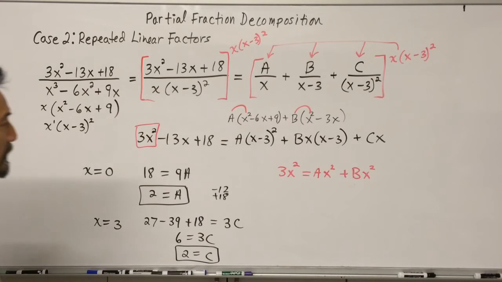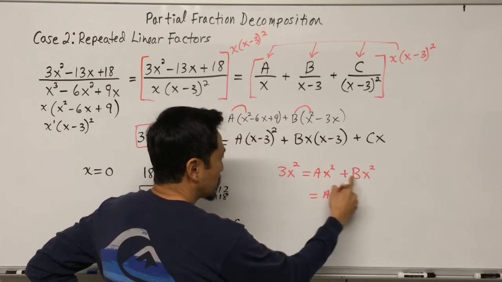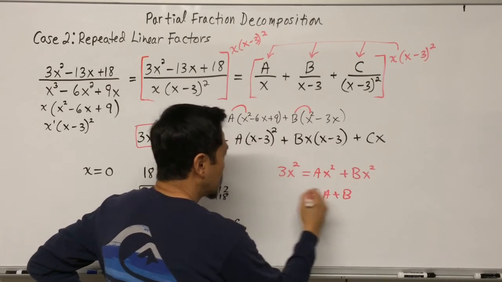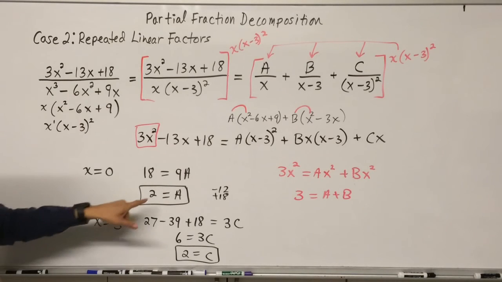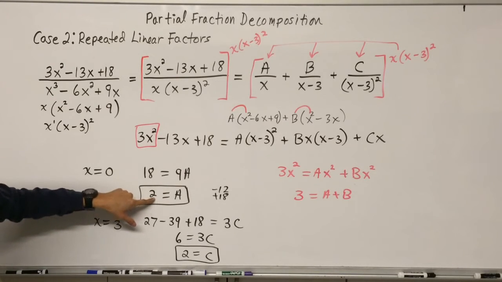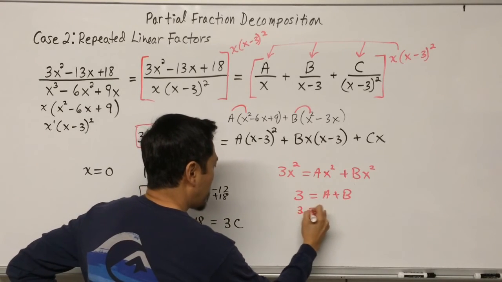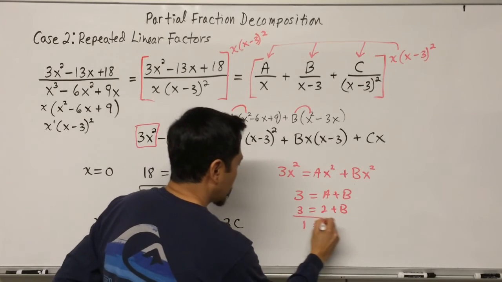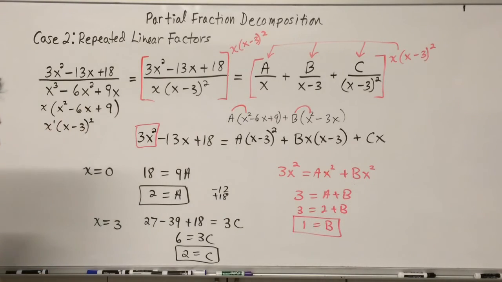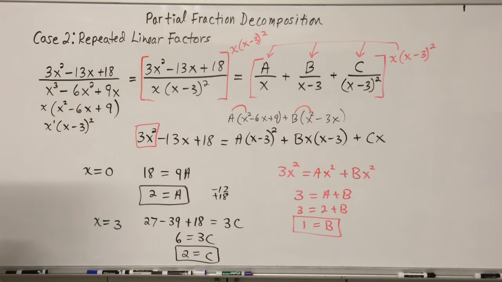So we can say that if you add a with the coefficient b, you get the coefficient 3. And now we know what b is because we've already determined what a was. So if a is 2, then we know that b is 1. Okay? And so now we have found our unknown variables, a, b, and c.